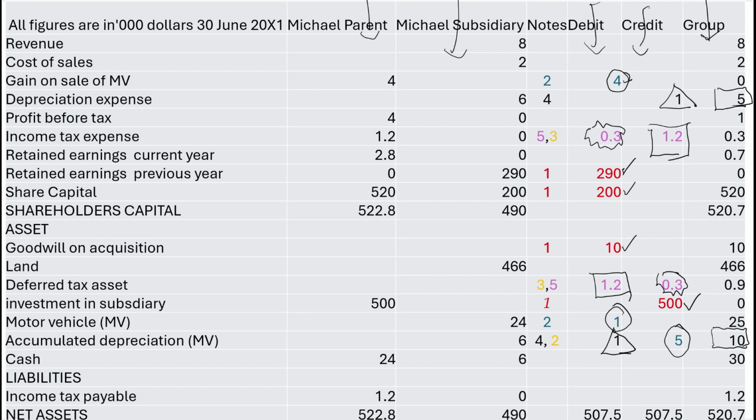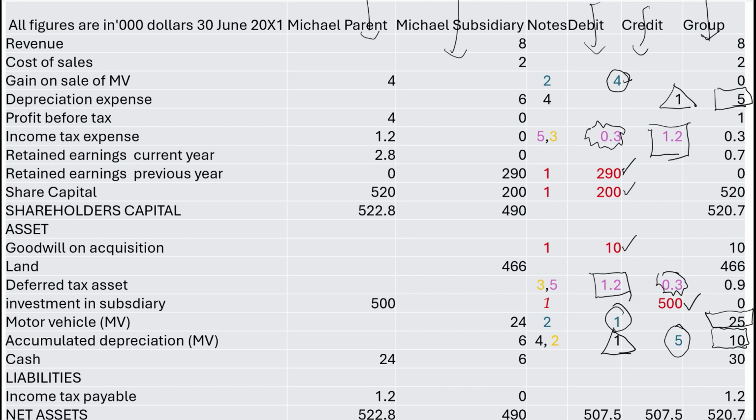Our cost of the motor vehicle is the cost that we have recorded, and that is $25,000. Then if you look at our income tax payable, there was income tax payable because there was a sale of the motor vehicle.